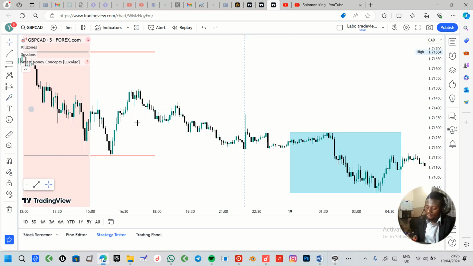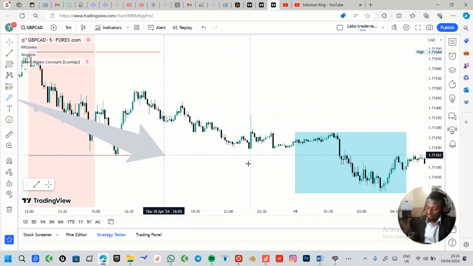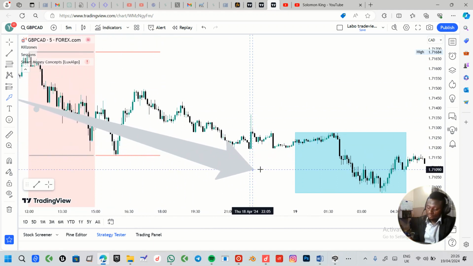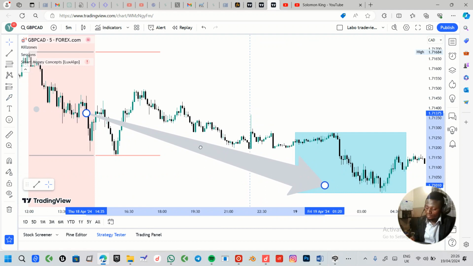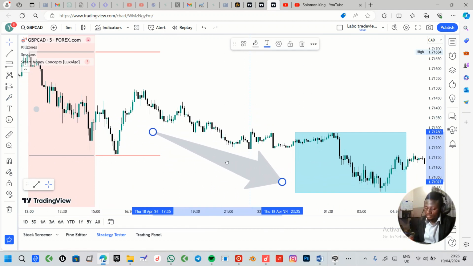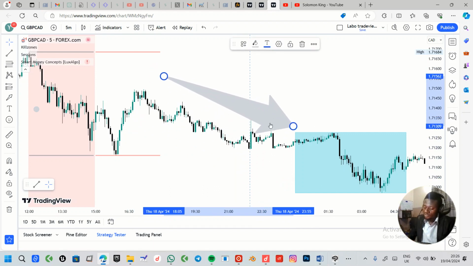From this point, okay. Look at it. Is it going up or down? Down. All right, so this is a what?